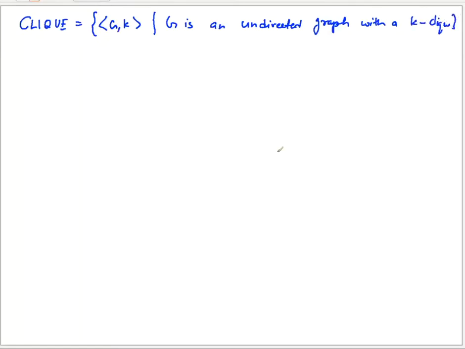So now if I have to design a non-deterministic algorithm for it, what is it going to do? Again, what is the input?